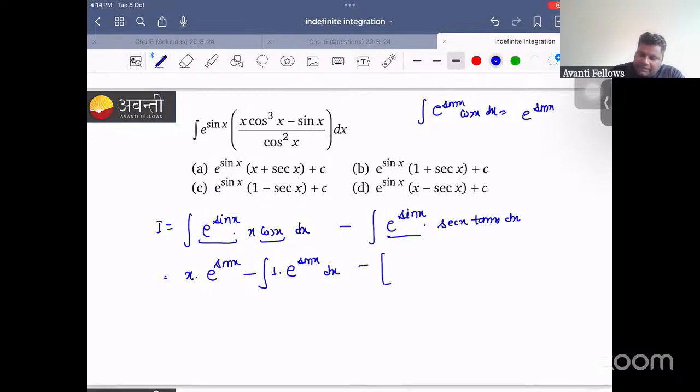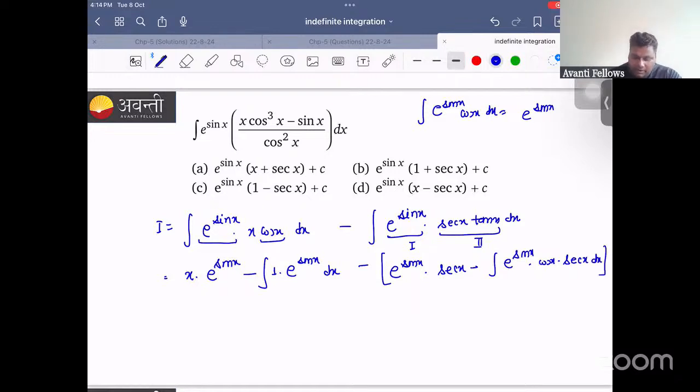Minus. Now take this one. I consider this one as first function, this one as second function. So first into integration of second. Integration of sec x into tan x is sec x. Minus integration of derivative of first, that is e to the power sin x into cos x, integration of second, that is sec x dx.